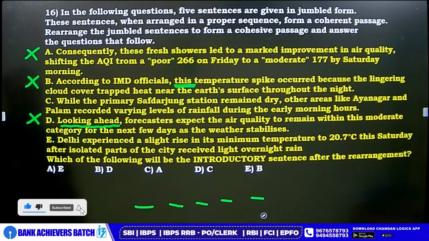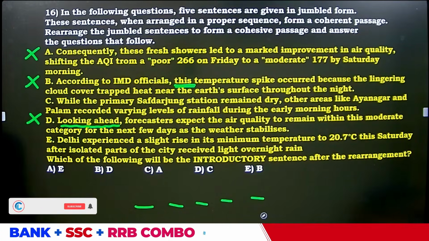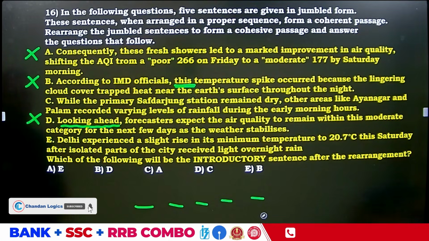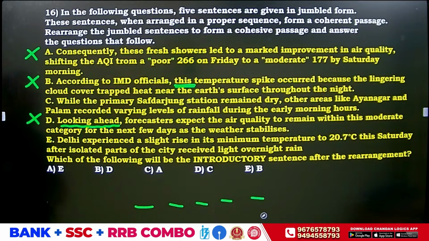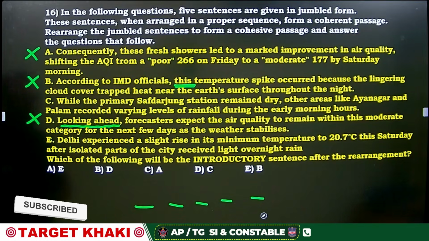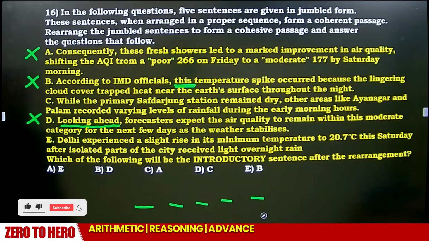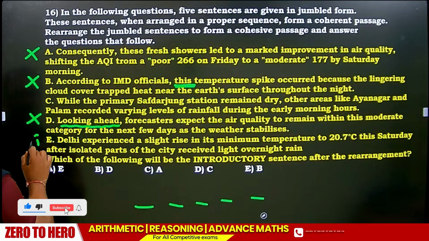Now you have C and E. Read the C sentence: while the primary Safdarjung station remained dry, other areas recorded varying levels of rainfall. And E: Delhi experienced a slight rise in its minimum temperature. My dear brother, the story started here.